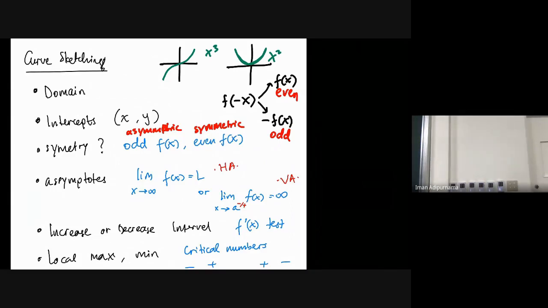Even and odd. And then asymptotes. We need to bring back our limit. When you have x approaching infinity in your limit of your function, if it is reaching some number, then that is your horizontal asymptote.